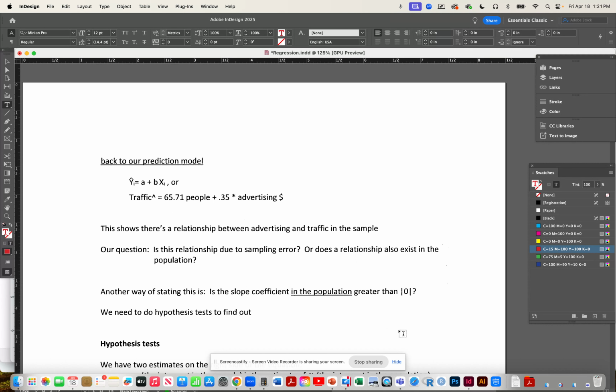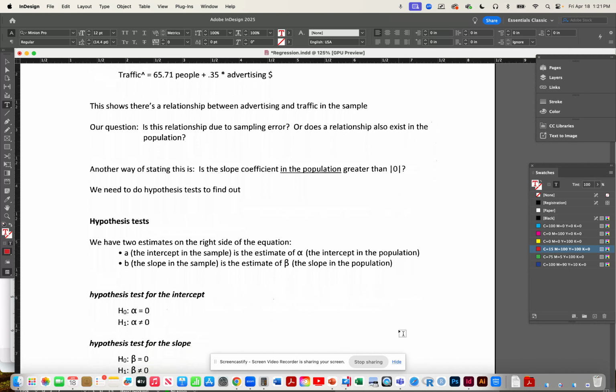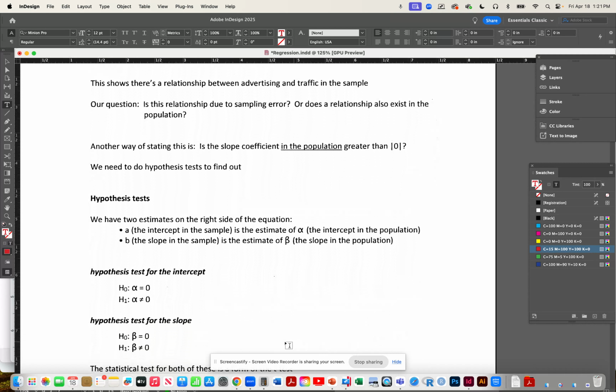And the two tests involve looking at the estimates for A and B. So we have the hypothesis test for the intercept, and then we have the hypothesis test for the slope. A, the intercept in the sample, is the estimate of alpha, which is the intercept in the population.